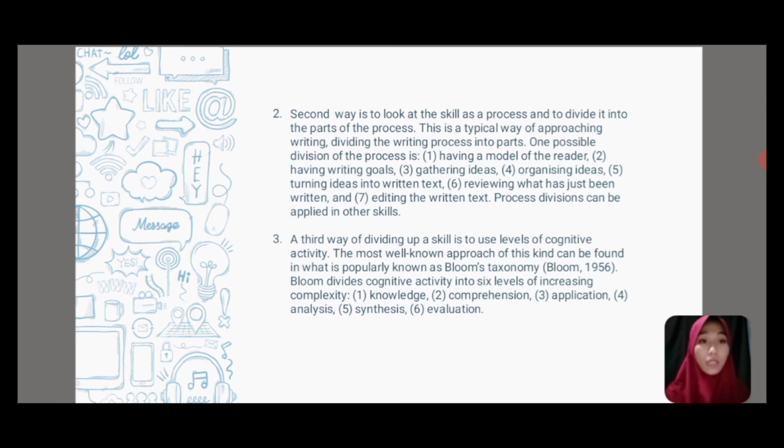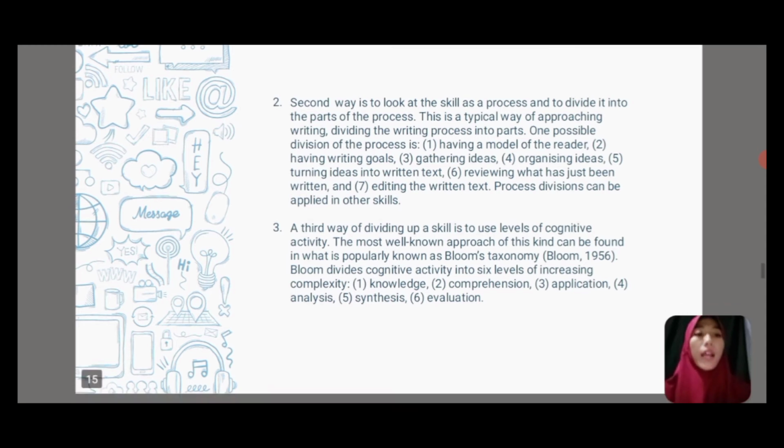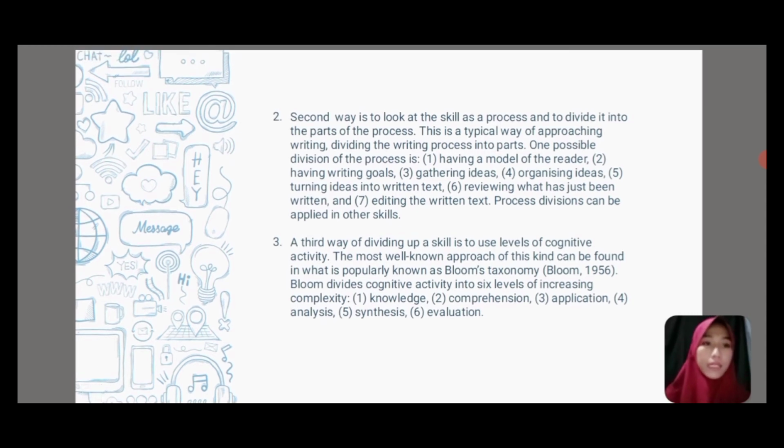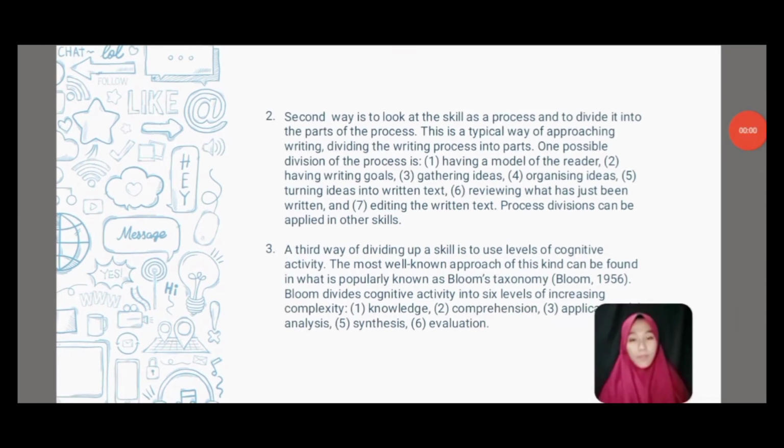Number 1 is knowledge, number 2 is comprehension, number 3 is application, number 4 is analysis, number 5 is synthesis, and the last, number 6, is evaluation. Okay, I think that is enough for me, and the next material will be delivered by Ihlasul Amal.